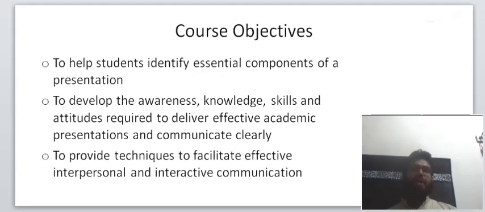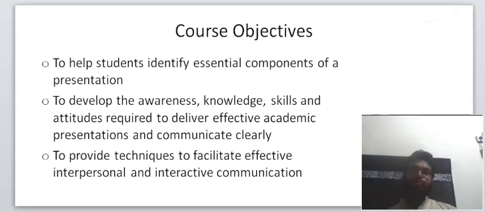Next, let's look at the course objectives. What are the goals which you will be able to achieve after the completion of the course? This course is designed to help students identify essential components of a presentation.